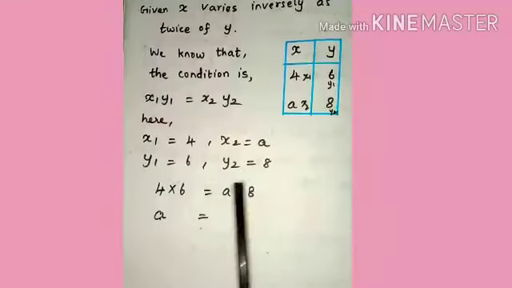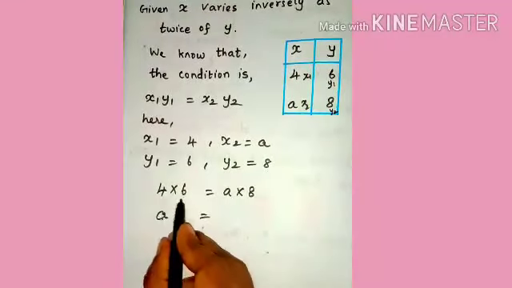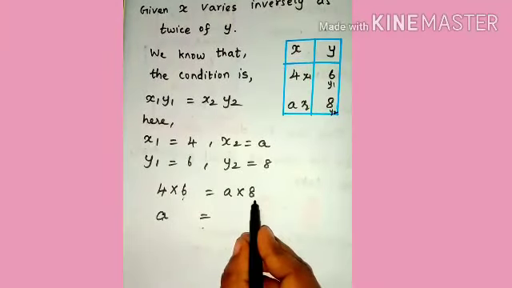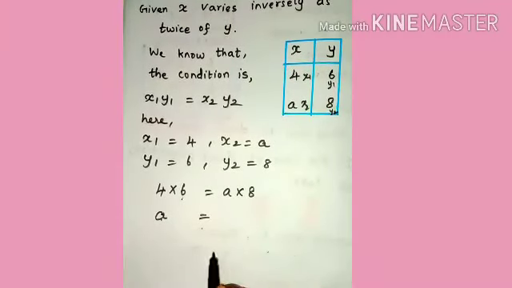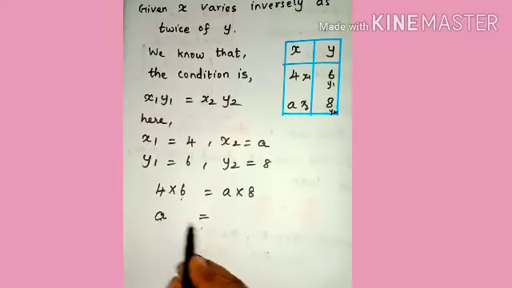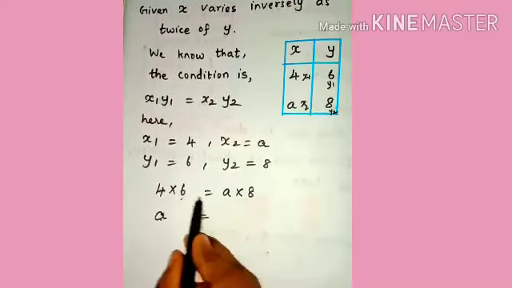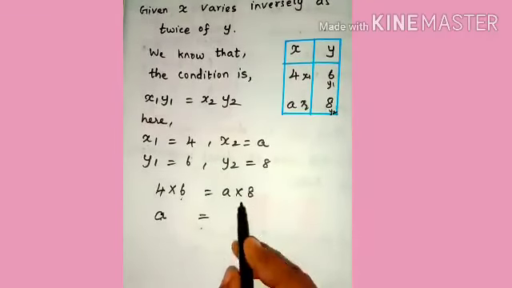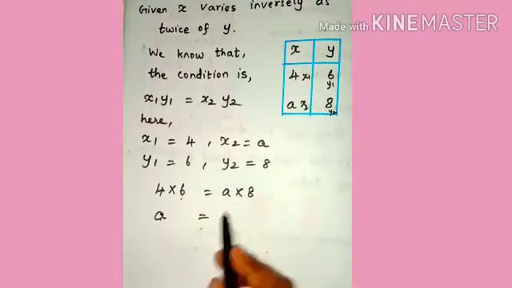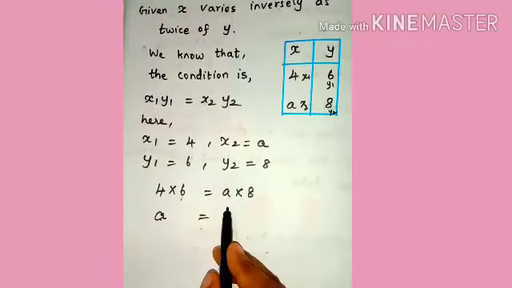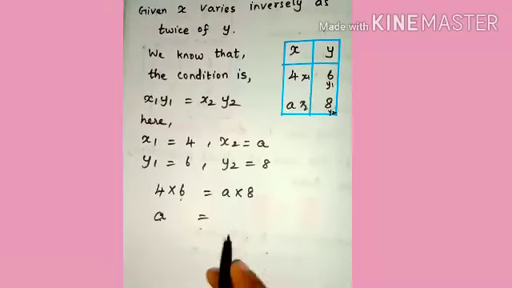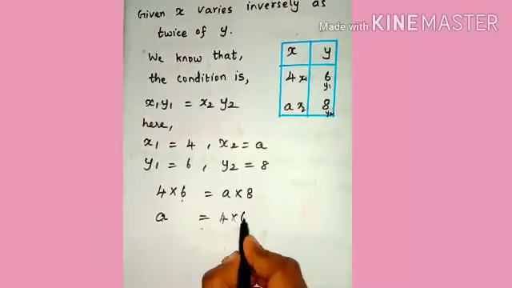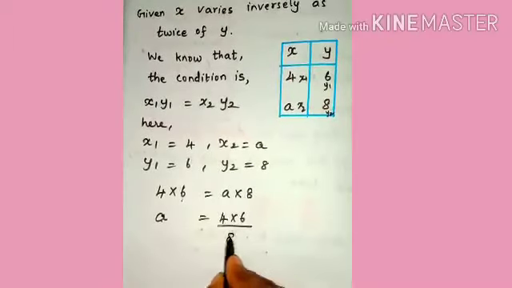So now we are going to substitute all these values in this condition. We get 4 into 6 is equal to 8 into a. Now we know that when 8 crosses the equal to sign, it comes to the denominator because here it is in the product. So when it crosses the equal to sign, it becomes 1 by 8. So 4 into 6, the whole divided by 8.